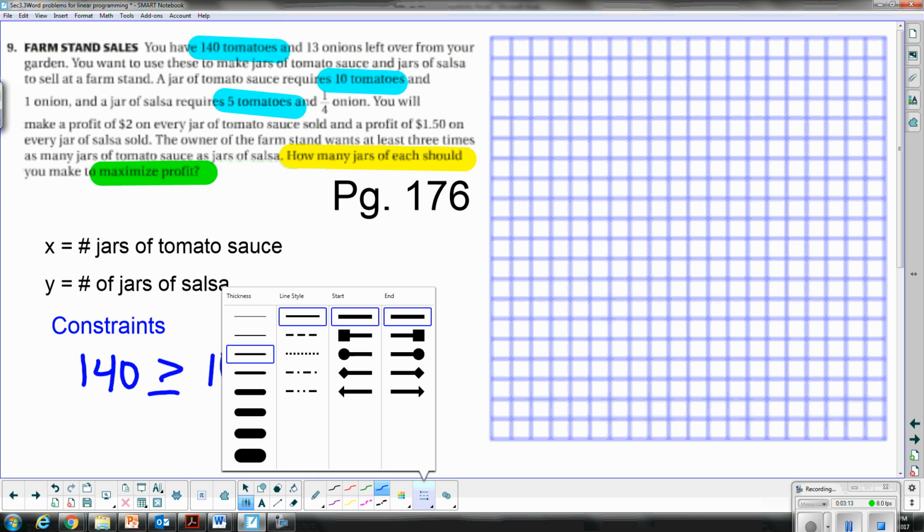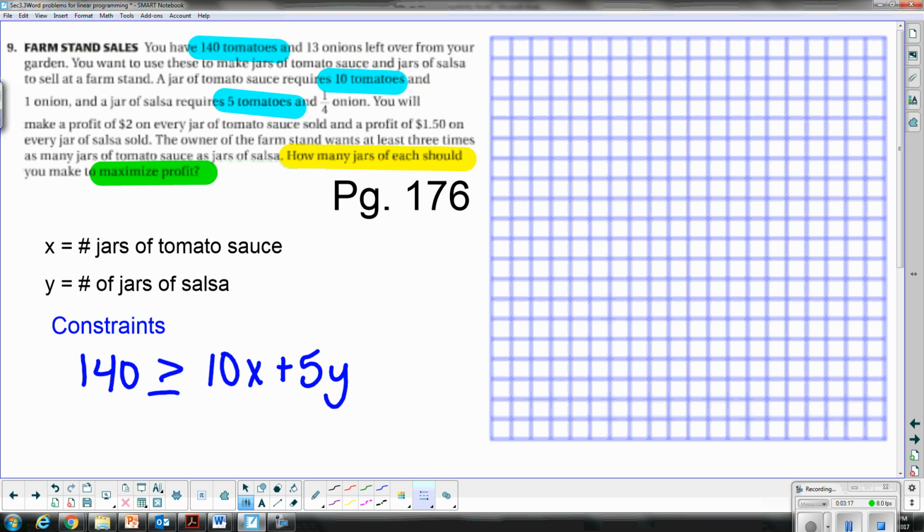Our second constraint is going to be about onions. So let's look at what it says about our onions. It says we have 13 onions left over, and there's 1 onion for the tomato sauce and a quarter onion for salsa.